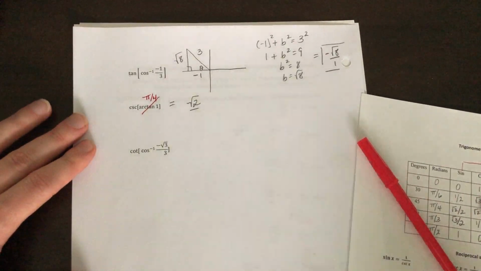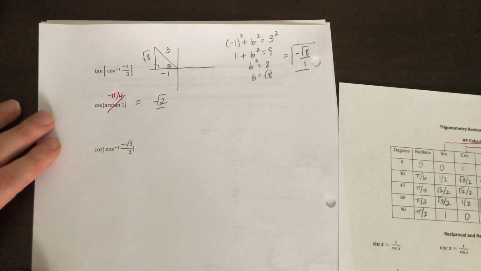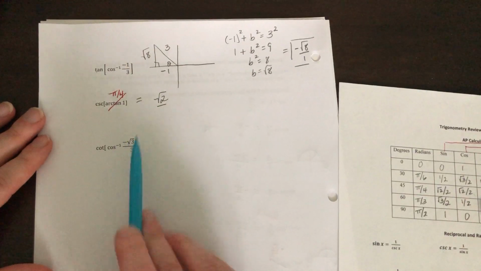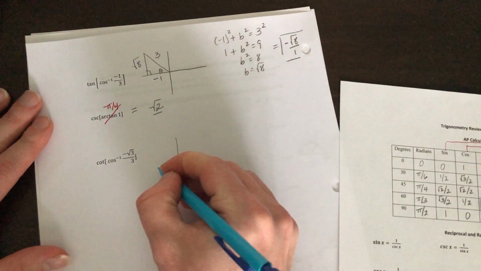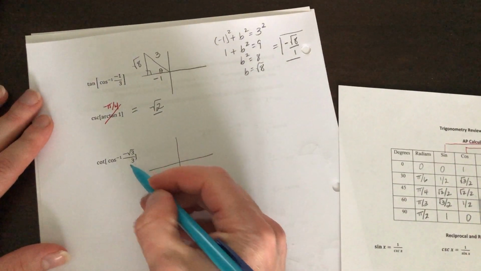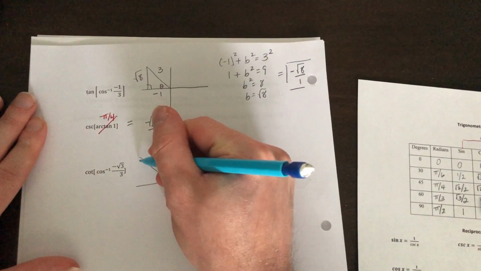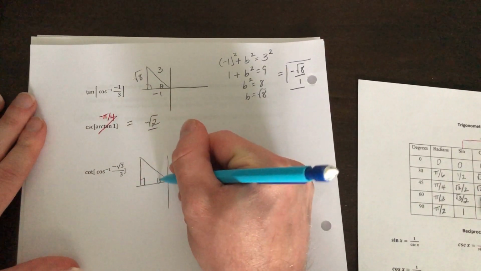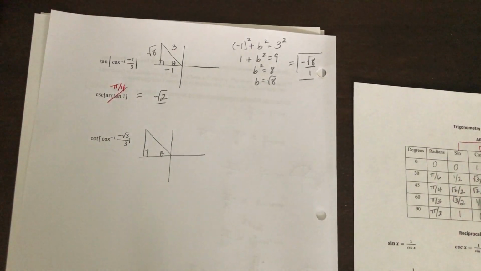And the last one. Inverse cosine of negative square root of 3 over 3. Now, this isn't on the trig chart for cosine, so I'm going to draw my triangles. And you draw your triangles whenever we have inverse trig on the inside. Make sure your angle is always with the x-axis.